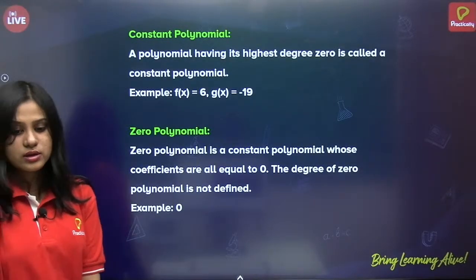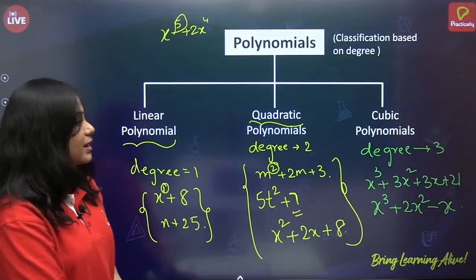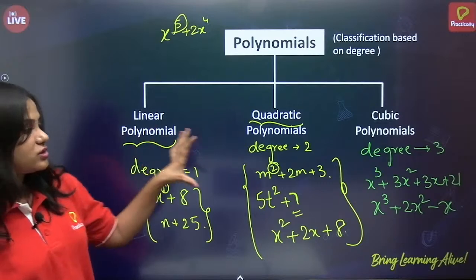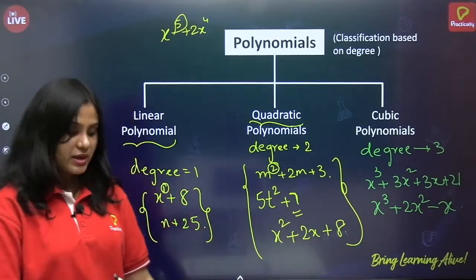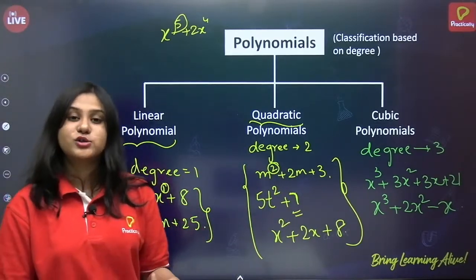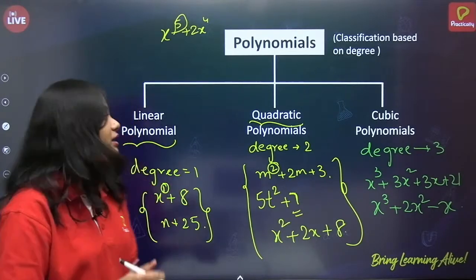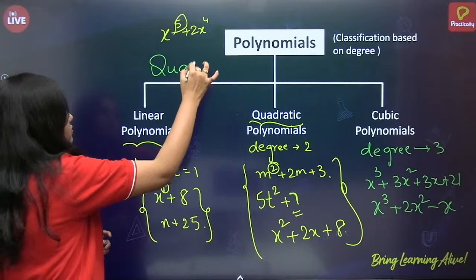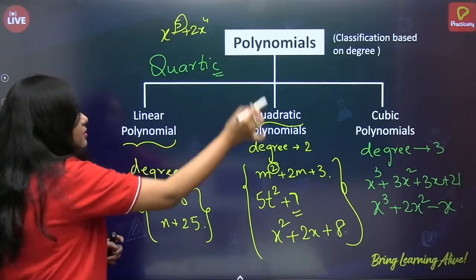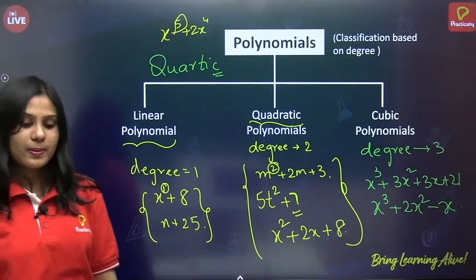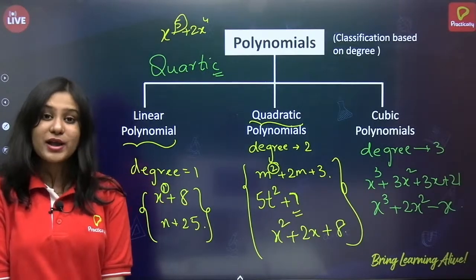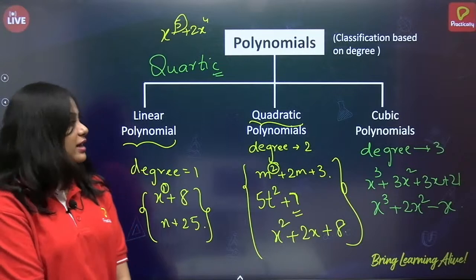There is also quartic and biquadratic, but the classification till here is fine. In a few books it's also written as quartic polynomial. I don't know if you have seen this. Can anyone tell me what is quartic or biquadratic?